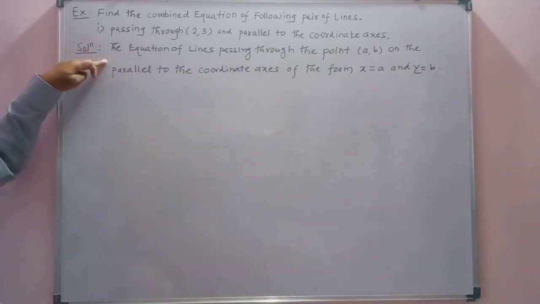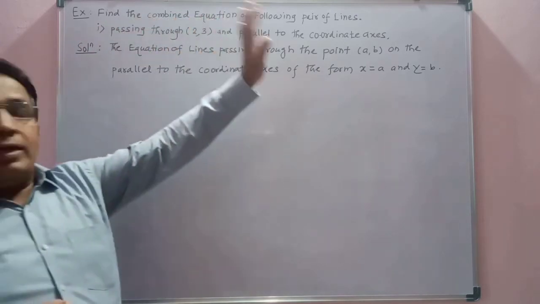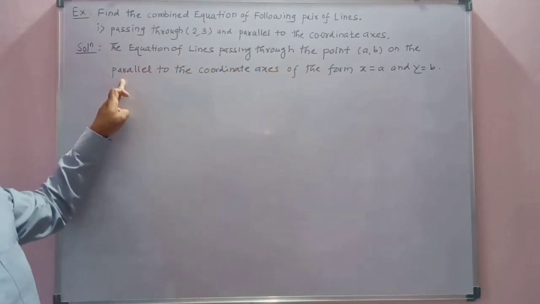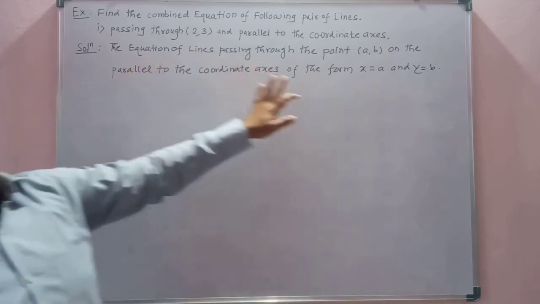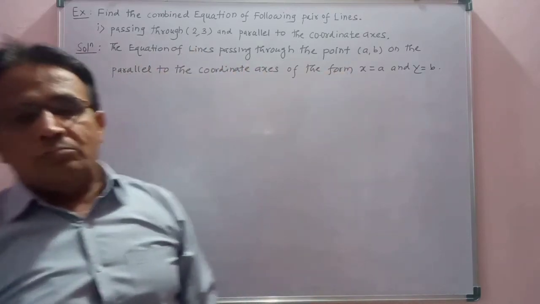The equation of a line passing through the point (a, b) and parallel to the coordinate axis is of the form x equal to a and y equal to b.